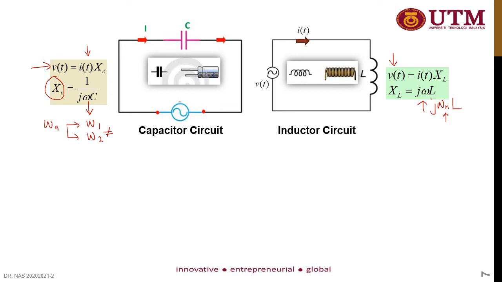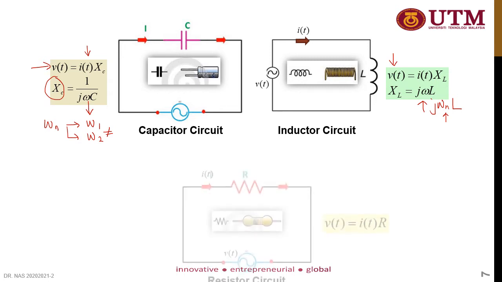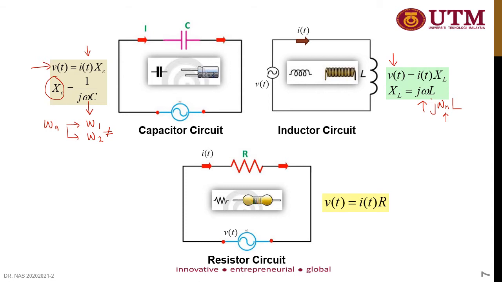If you have 3 harmonics, you need to consider omega 1, omega 2, and omega 3. Lastly, when you have a resistor inside the circuit, V equals I R. In this case, you don't have to consider the omega.